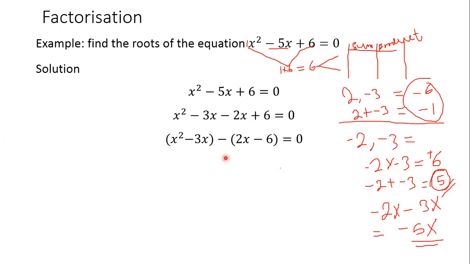So after grouping, we get the common factor in the first bracket and put it outside, and then also get a common factor in the second bracket and as well put it outside. So what is the common factor in the first bracket? X. Then the common factor in the second bracket?